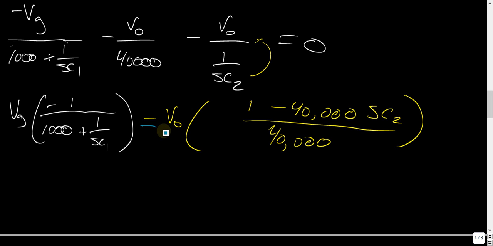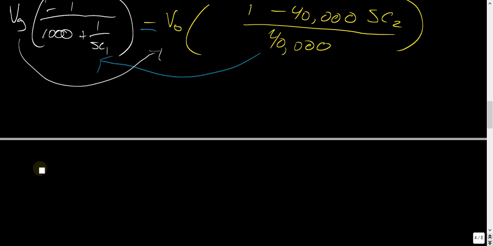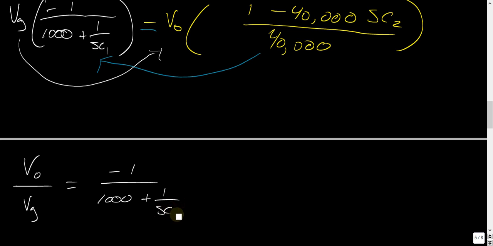Now we need to get V out. I need to get VG under V out. In order to do that, I'm going to pull this over here and multiply, and then I'm going to pull this over here. Alright, so we end up with V out over VG equals minus 1 over 1,000 plus 1 over SC1.